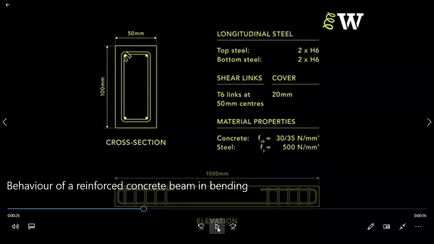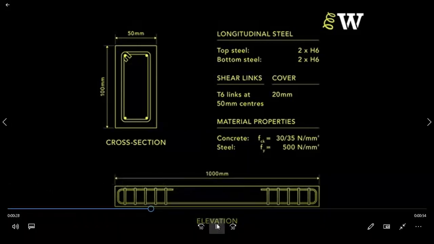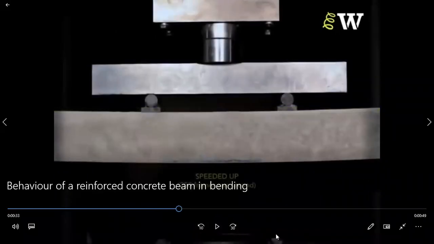So this is how the beam is reinforced. There is a main reinforcement and there are stirrups which are provided on either supporting side. Now tell me what type of loading it is.